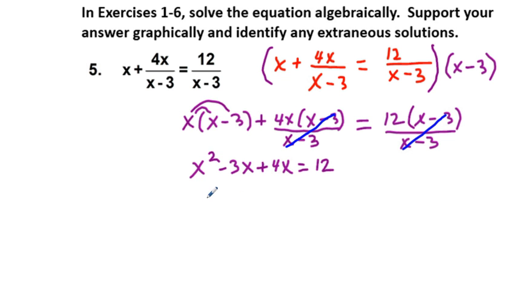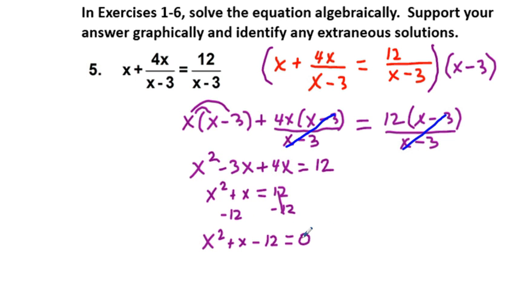And combining like terms, on the left side we have x squared plus x equals 12. And solving the equation for 0, if we subtract 12 from both sides of this equation, we have x squared plus x minus 12 is equal to 0.